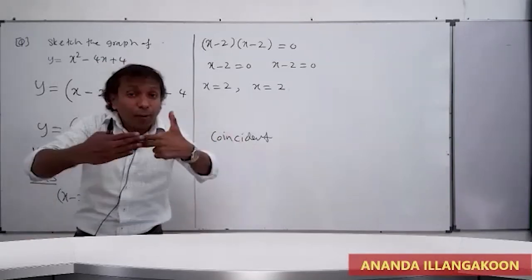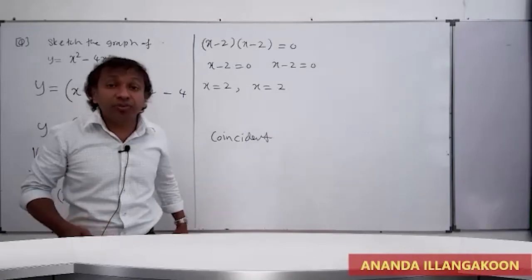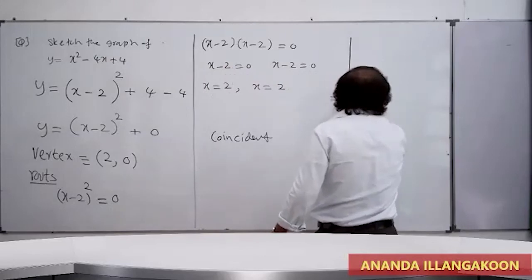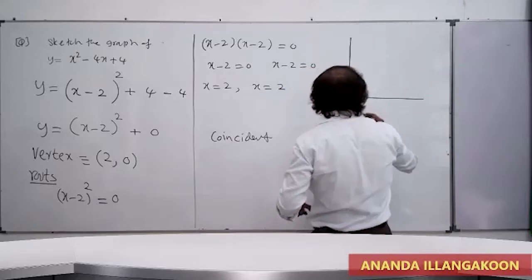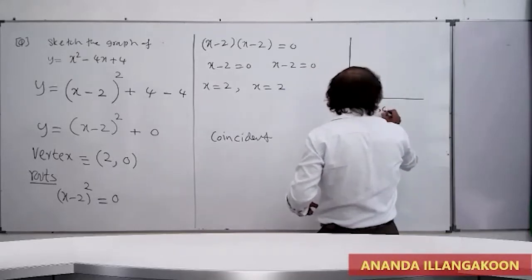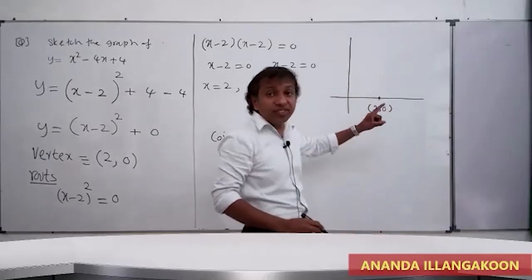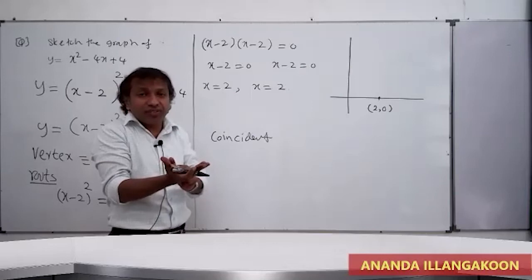Coincident means overlap, equal. Then how to draw the graph, people? It's a minimum one. Where's the vertex? The vertex is (2, 0). The x coordinate is 2, the y coordinate is 0. This point is the vertex. Vertex means the lowest point of the minimum graph.